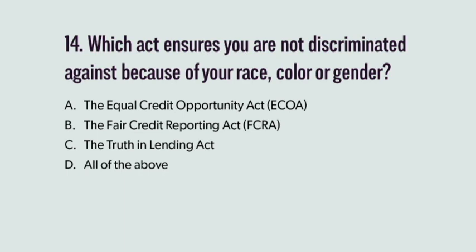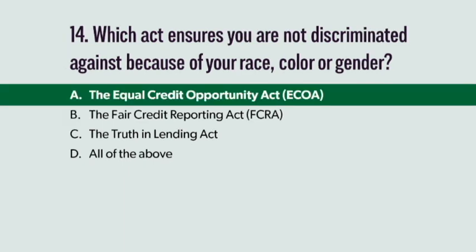Number 14, which act ensures you are not discriminated against because of your race, color, or gender? A, the Equal Credit Opportunity Act. B, the Fair Credit Reporting Act. C, the Truth in Lending Act. Or D, all of the above. And this is A, the Equal Credit Opportunity Act.